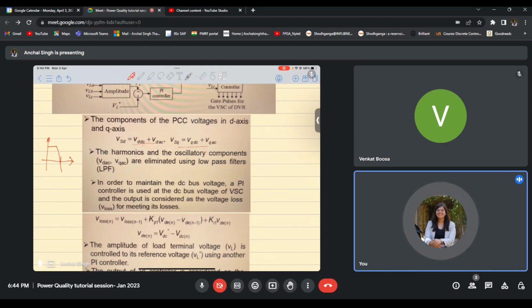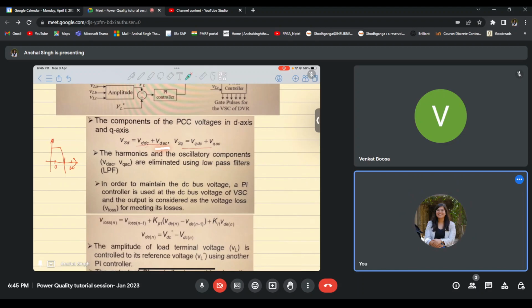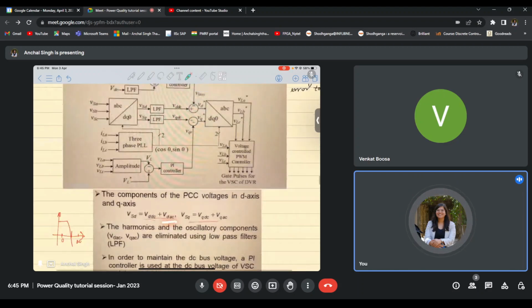It will pass the DC component, which is at 0 hertz, and it will filter out the AC components which are present here. So it will help me extract only the VDDC part out of VSD and remove the VDAC part. Using this low pass filter, I was able to obtain the VDDC and VQDC parts from VSD and VSQ.